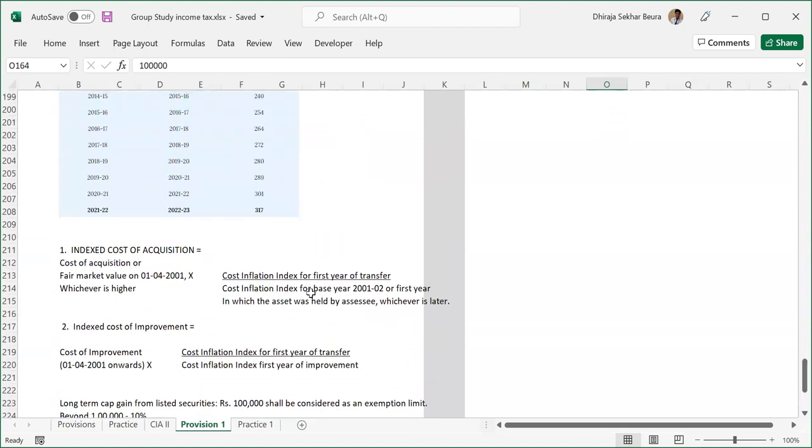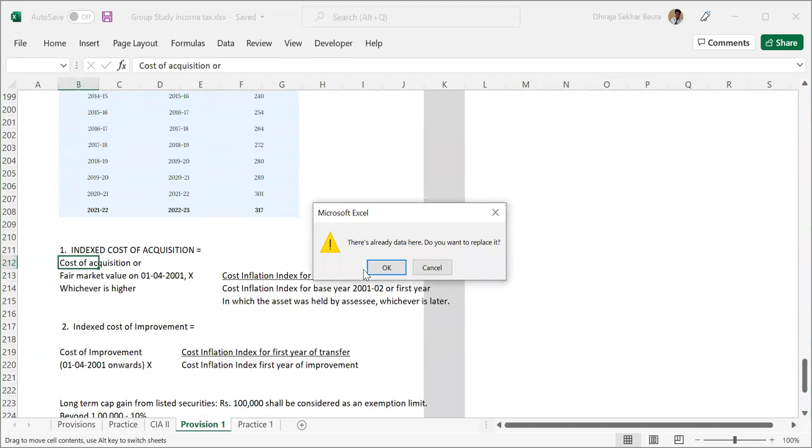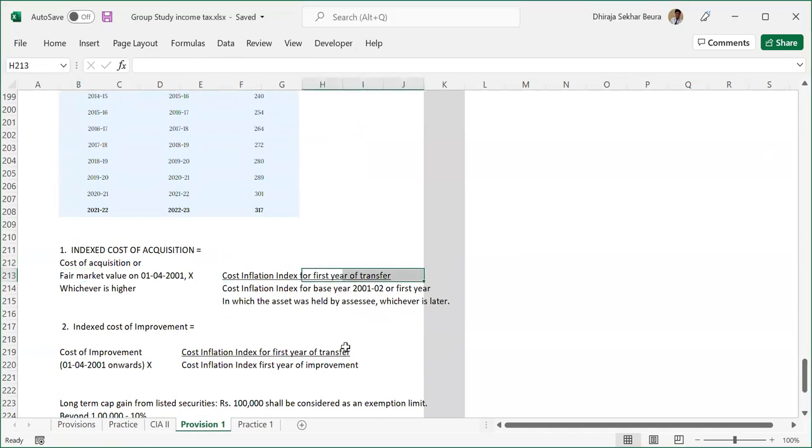It is actually mentioned clearly here. We have cost of acquisition multiplied by CII of the year of transfer, divided by the cost inflation index of the base year or first year. I'll discuss the base year separately. CII of the first year of purchase, that's the division part.